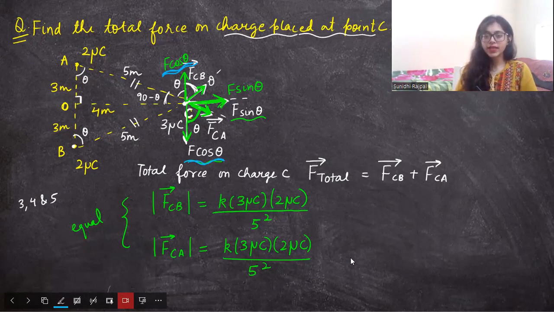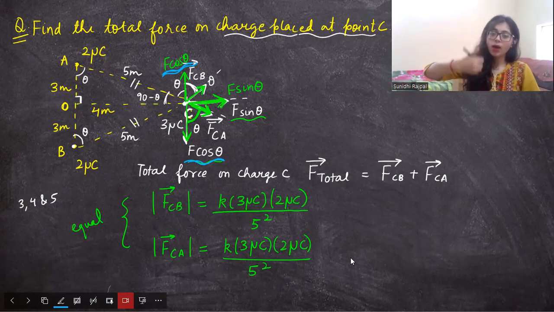The F cos theta will get cancelled, right? क्योंकि अगर मैं ऊपर की डायरेक्शन में F cos theta लगा रही हूँ और नीचे की डायरेक्शन में भी F cos theta लगा रही हूँ, so what will happen? They will nullify each other. They will cancel each other. And the net force in this direction, upward and downward direction में जो net force है, that will become 0.